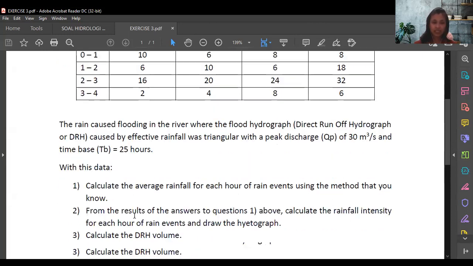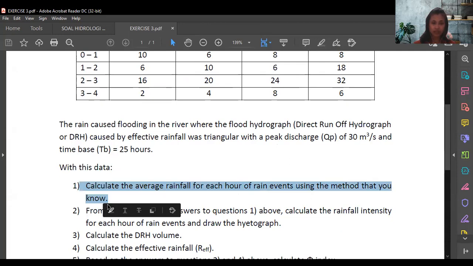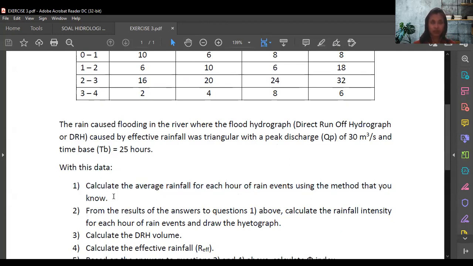So you can assume that this time base is equal to 2 times time of concentration. And with this data, first you have to calculate the average rainfall for each hour of rain events using the method that you know. We already talked about it in our meeting maybe last month, on the topic of precipitation.